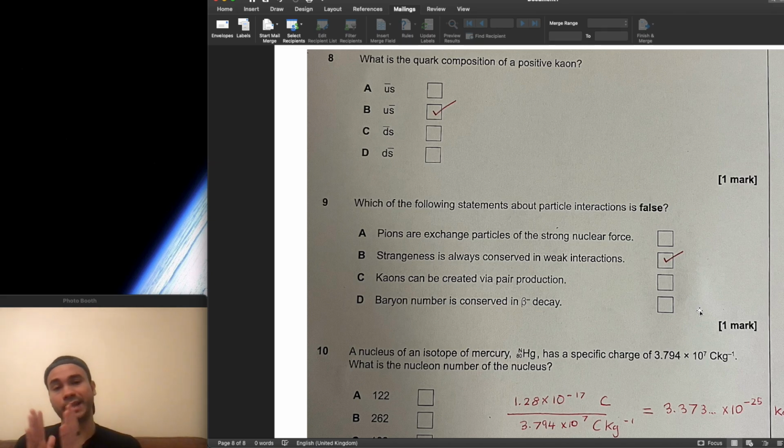So strangeness is conserved in strong formation, but in decay, which is via the weak force, these heavy kaons with strange quarks decay into the lighter, more stable pions with no strange quarks. So weak interactions don't conserve strangeness all the time.